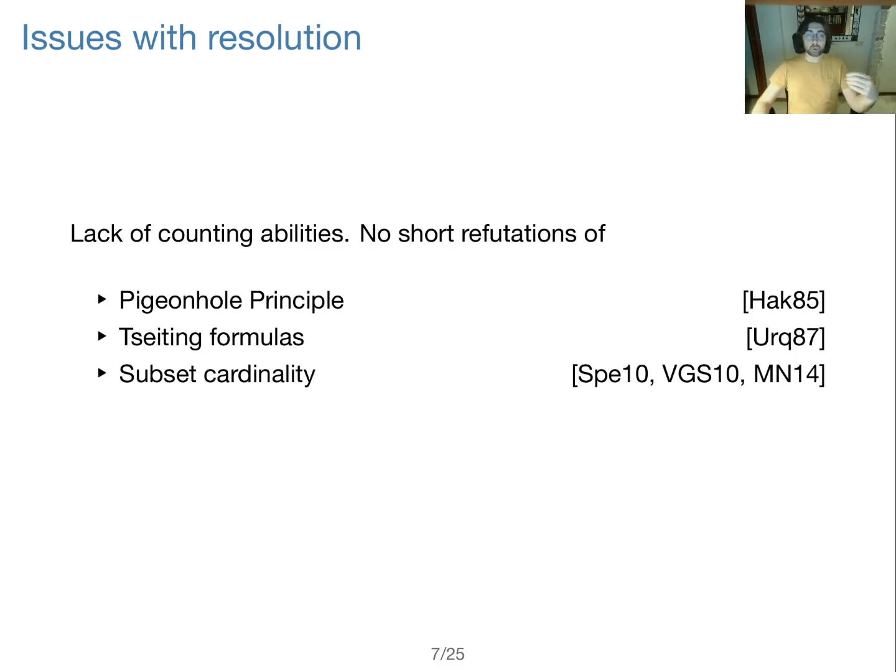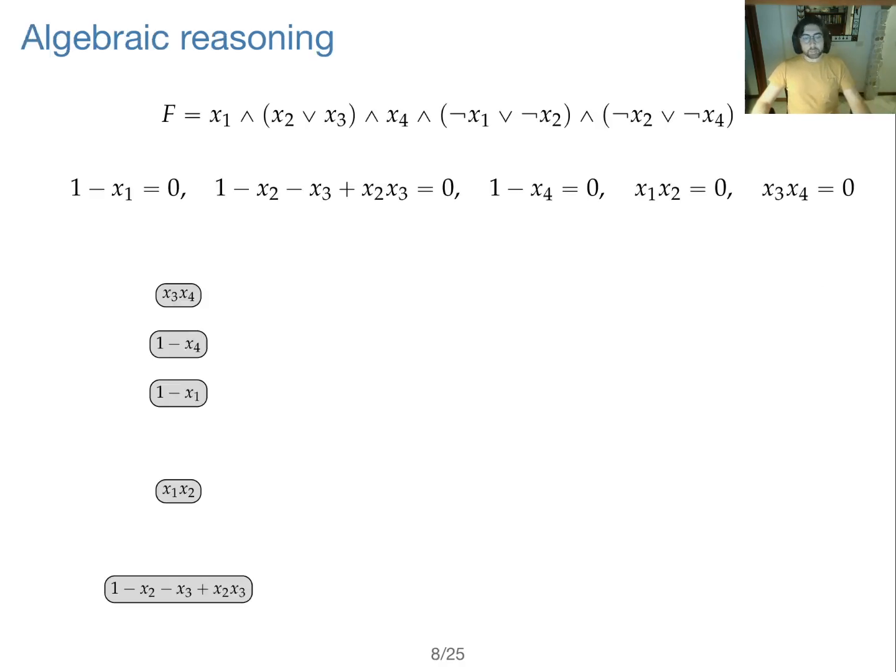They require exponential size refutations sometimes. Therefore, it's natural to focus the attention on proof systems that are able to use this counting reasoning. In particular, there are several proof systems, and polynomial calculus is one of them, which deal with algebraic reasoning.